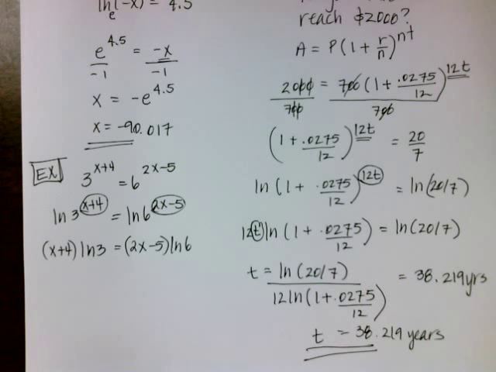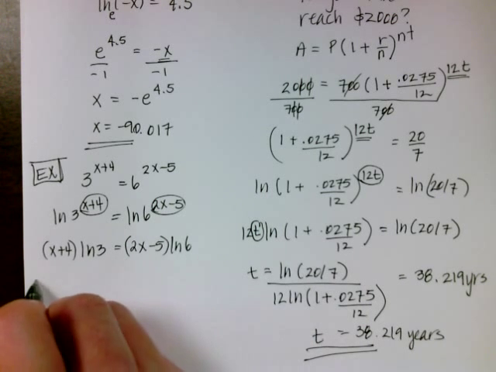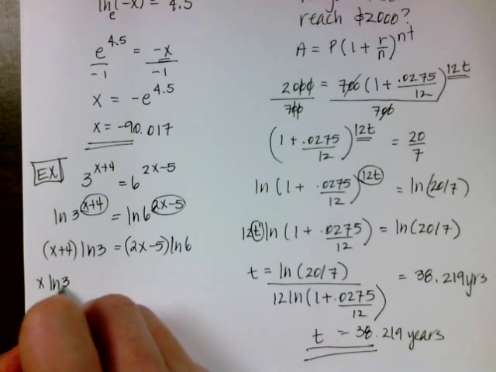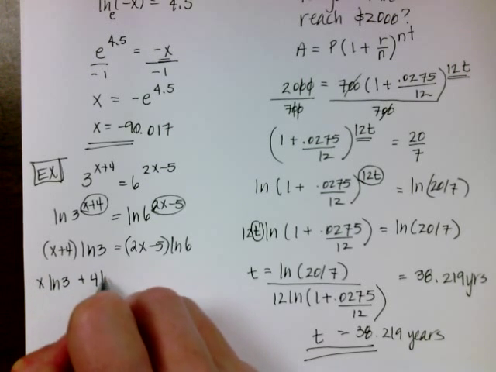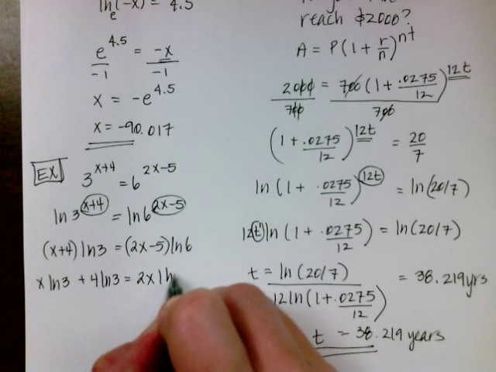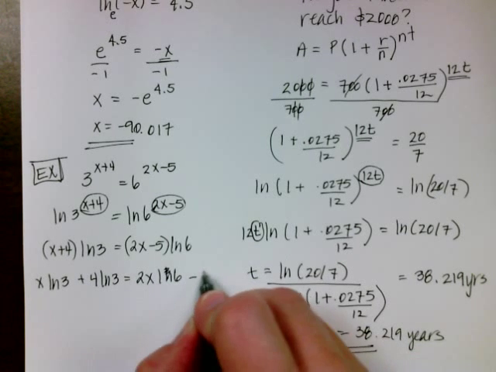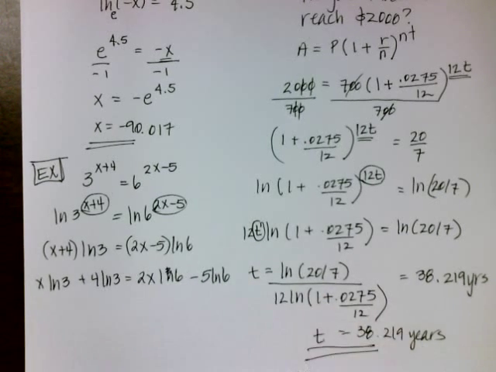Alrighty, so now I'm actually going to distribute this mess. So I'm going to get x natural log 3 plus 4 natural log 3 is equal to 2x natural log 6, that's an ln by the way, sorry, minus 5 natural log 6.